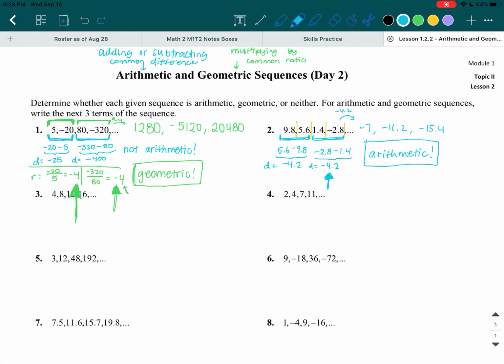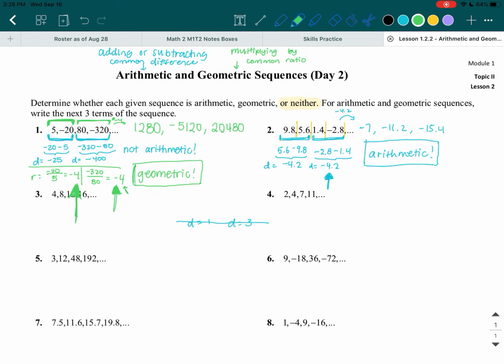And sometimes you might come across a sequence that is neither. Let me show you how you might answer one that's neither. For a neither situation, you don't need to find the next three terms. When you calculate your common differences, it might say the common difference is 1, and then it'll say the common difference is 3. You're like, okay, they don't match up.